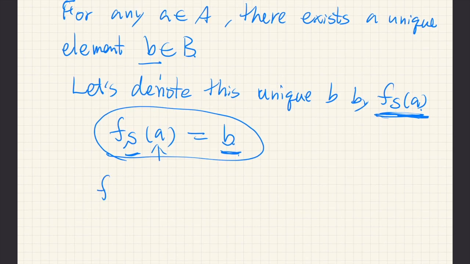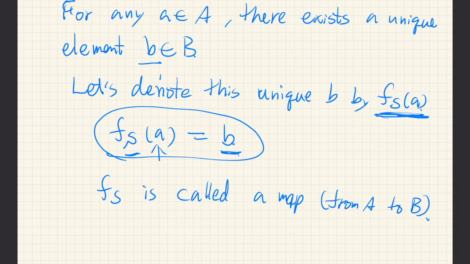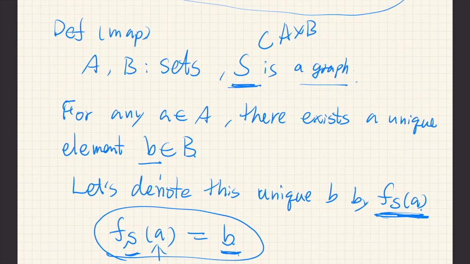So this F_S is called a map from A to B. In this way we can rigorously define a map based on sets like this.